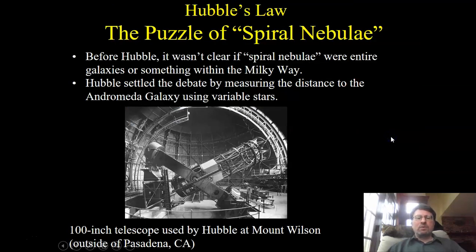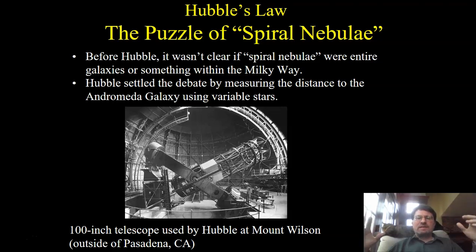So Edwin Hubble solved this puzzle of the spiral nebulae. There was this great debate as to whether these nebulae that were being seen were objects that were within our own galaxy or that were external to our own galaxy. And the way Hubble settled this debate, the Shapley-Curtis debate, is by measuring the distance to the Andromeda using variable stars.